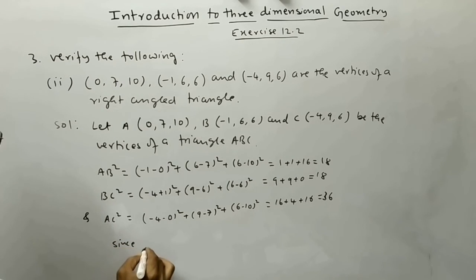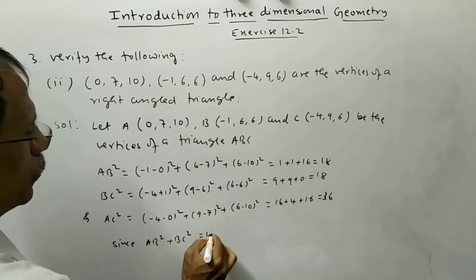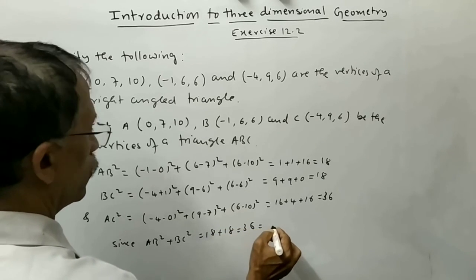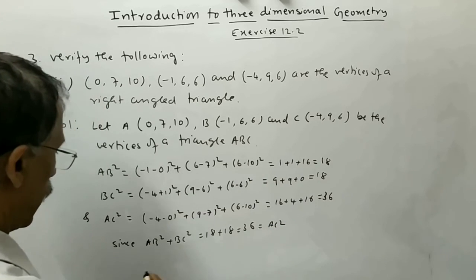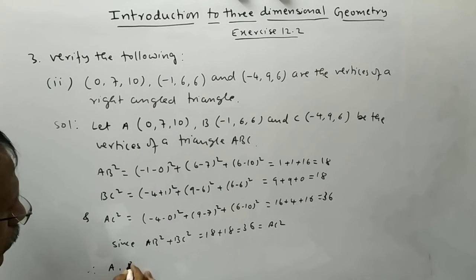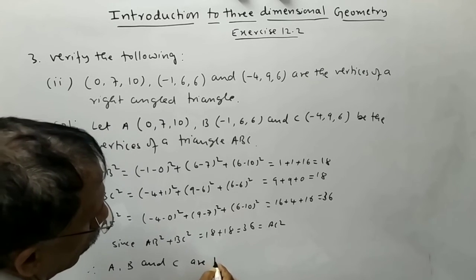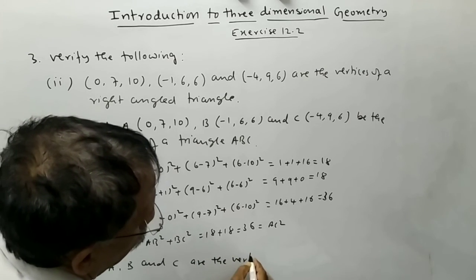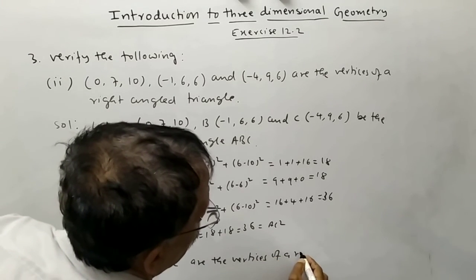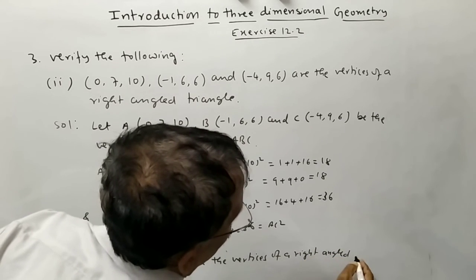Since AB square plus BC square is equal to 18 plus 18, is equal to 36, is equal to AC square, therefore A, B and C are the vertices of a right angled triangle.